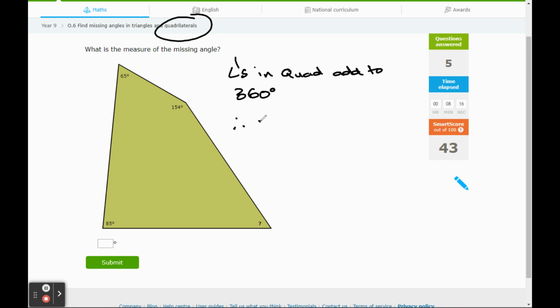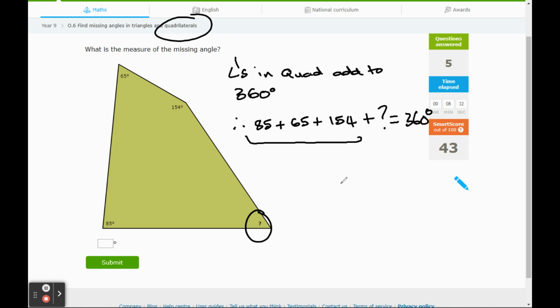So therefore, 85 plus 65 plus 154 plus the missing angle equals 360 degrees. So let's add these three up first. If I don't have a calculator, I would put it below each other like this, and I got 14.